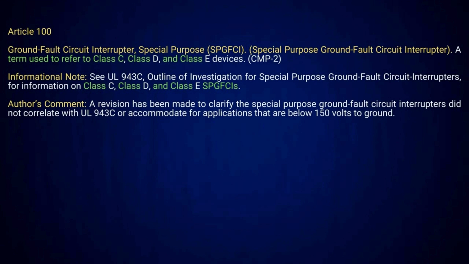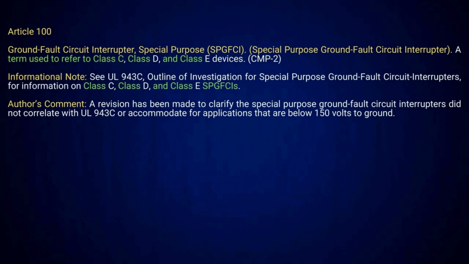Then you're going to see four definitions here that deal with ground-fault circuit interrupters, and these are your special purpose GFCIs. They're going to tell you this is a term that's used, and it refers to the Class C, Class D, and Class E devices.